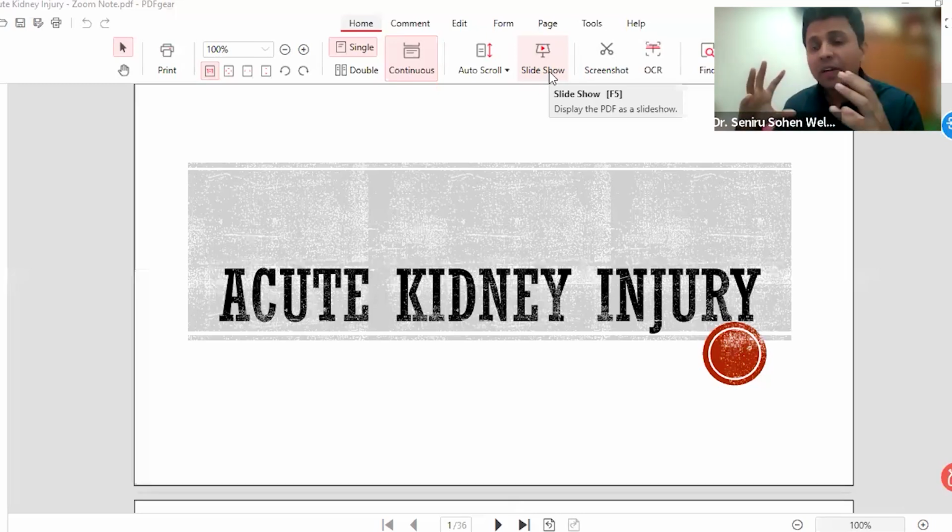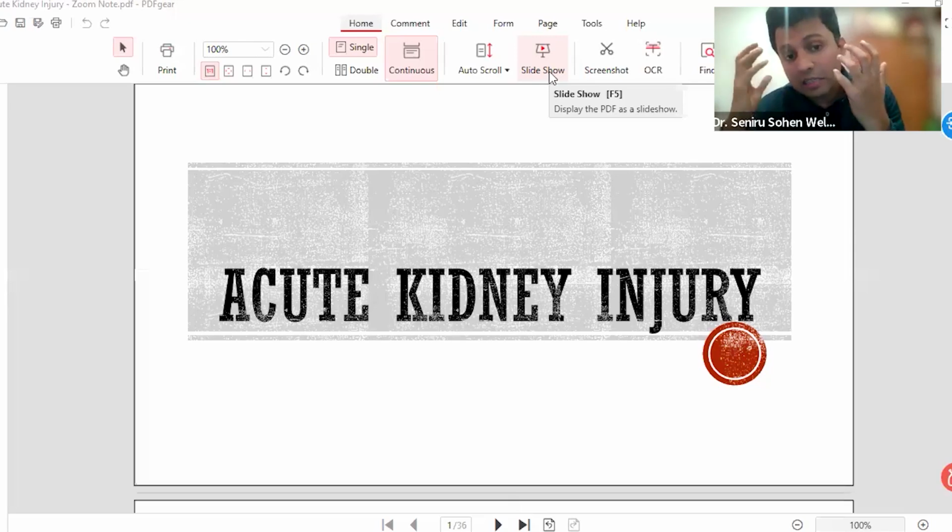Right. When there is persistent blood flow reduction to the kidney, little by little you will get sustained underperfusion of the renal tubules. Sustained underperfusion of the renal tubules will lead to tubular necrosis. So persistent prerenal AKI can go into renal AKI if the cause is not corrected immediately.